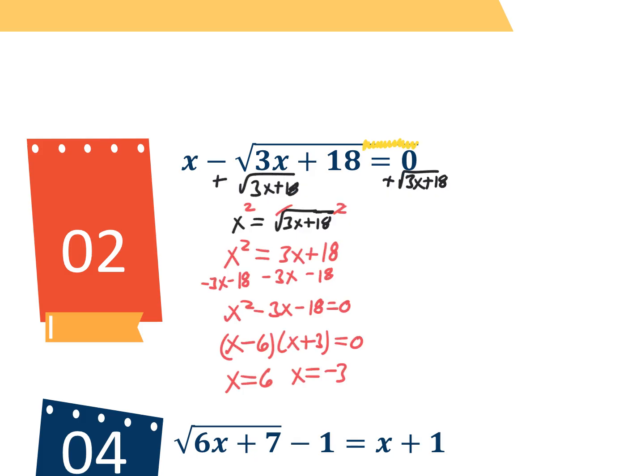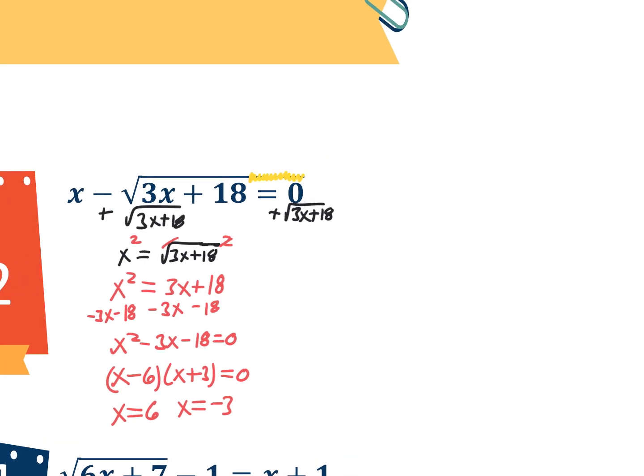Now I just want to check and make sure that these are valid answers, right? I'm going to go off to the side and check my answers. Let me do the check up here. I'm going to check x equals 6. Let's just see if this one works. I do 6 minus the square root of 3 times 6 plus 18 equals 0.